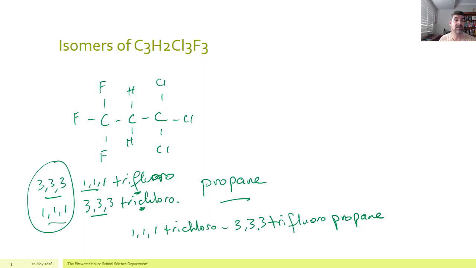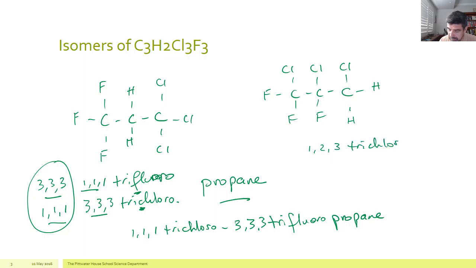Now clearly there's going to be a lot of different isomers of this compound because I can shuffle these chlorines and fluorines anywhere I like. Let's go chlorine, chlorine, chlorine, fluorine, fluorine, fluorine, hydrogen, hydrogen. In this case, the chlorines will be 1, 2, 3 trichloro, and the fluorines will be 1, 1, 2, or we could also have them as 2, 3, 3.